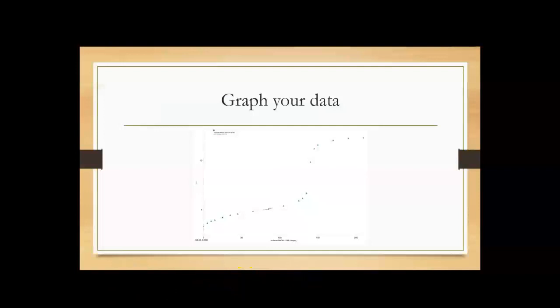Now, in science, we frequently come up with data. This is a graph that we got using some Vernier instruments of the pH of a titration versus the volume of sodium hydroxide.